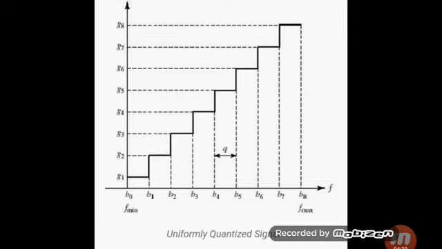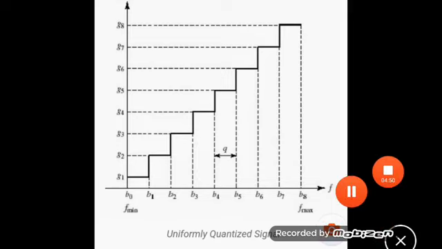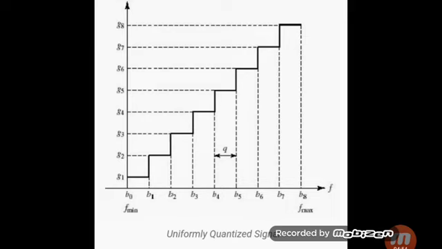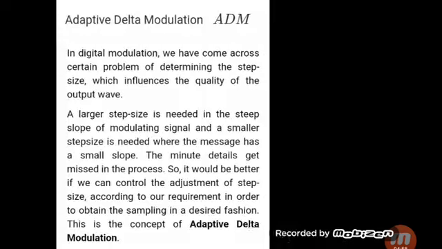If the step sizes are different, the quality of the signal will decrease. If the step size of the signal is equal, the quality is better. That means the quality of the signals depends on the step size of the quantized intervals.